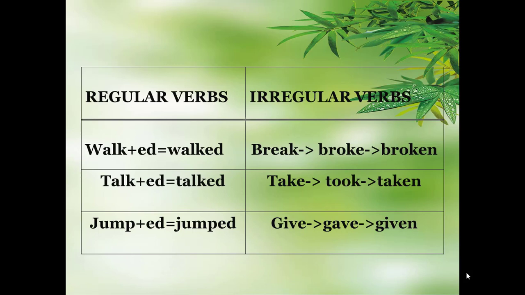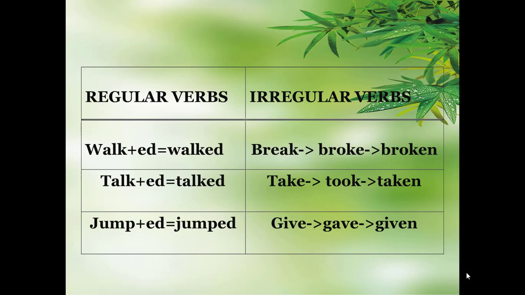Ed is added to the base form and it is converted to the past form. See, for example, ed is added to the base form walk and it is converted to the past form walked. So there might be some exceptions for the words ending with y and e in the regular verbs category.